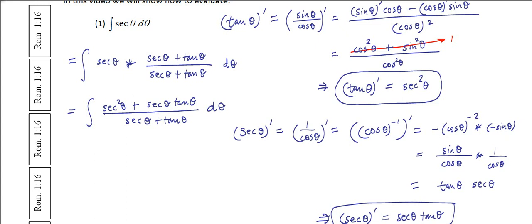So if I do a u substitution, let u be the denominator, secant of theta plus tangent of theta, then the derivative of u with respect to theta is the derivative of secant theta, which we know is secant theta tangent theta, plus the derivative of tangent theta, which we now know is secant squared theta, and lo and behold, that is in fact the numerator.